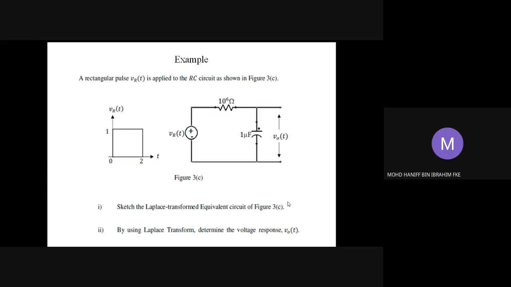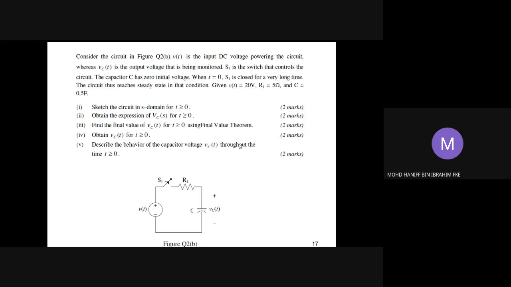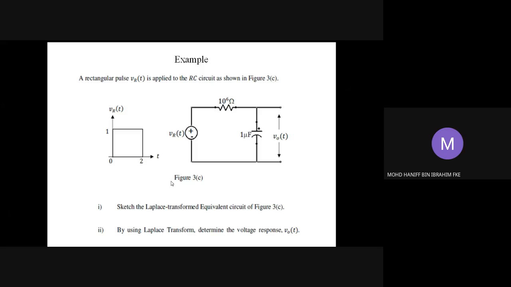So for this particular example, we need to know what should be the value of the initial voltage for the capacitor. Because we have a capacitor here, 1 microfarad, but we don't have any switch, we don't have any information on the initial voltage.